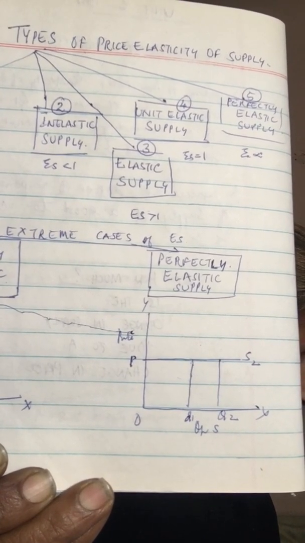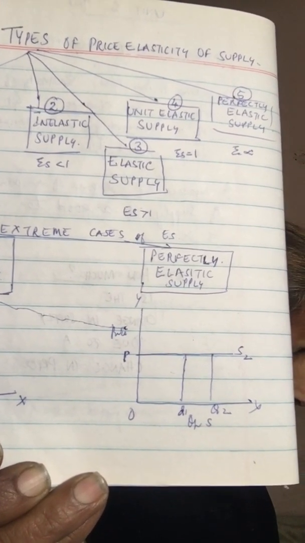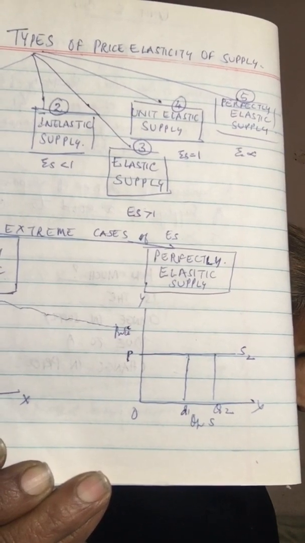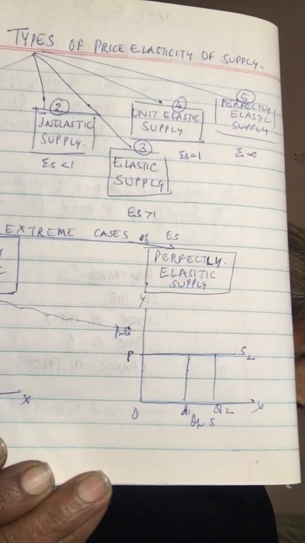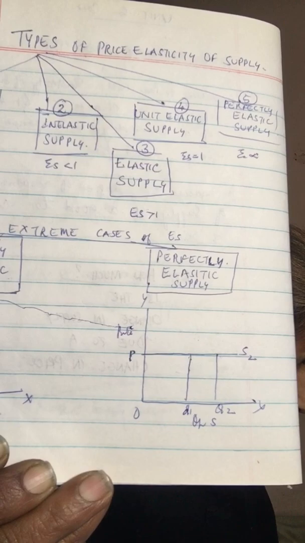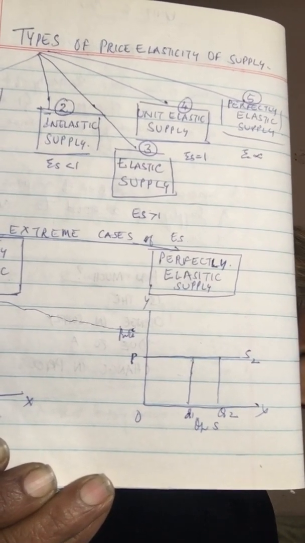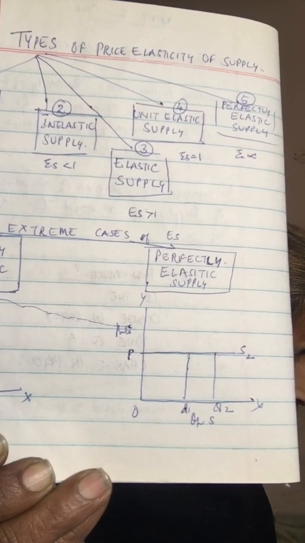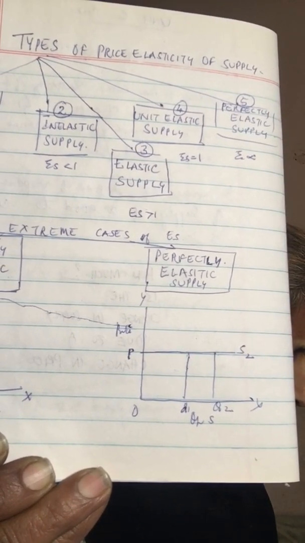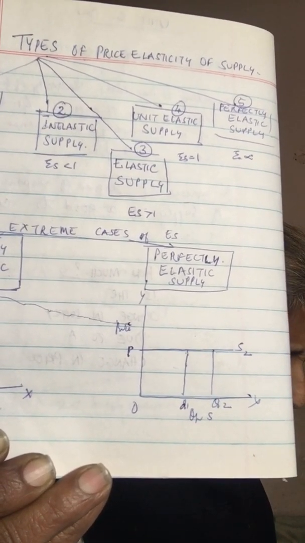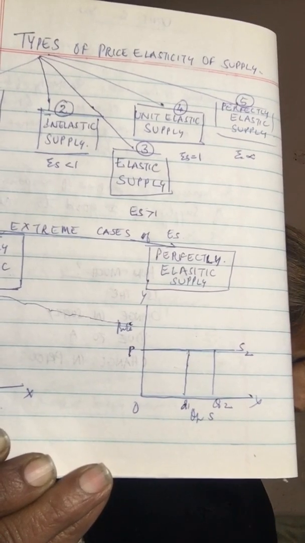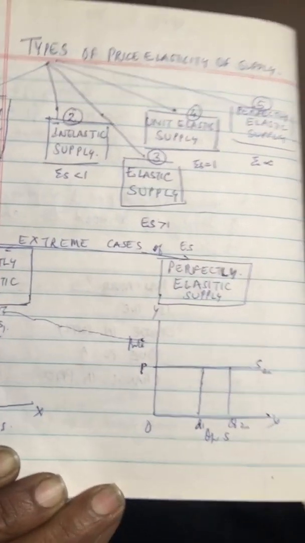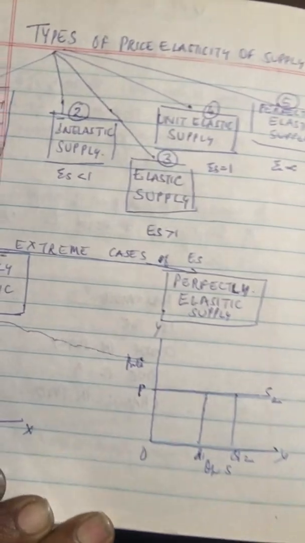Nothing at all will be supplied at any price below OP, while an infinitely large quantity will be supplied at a price above OP. It is called perfectly elastic supply. In such a case, the supply curve is parallel to the x-axis. The producer is willing to supply any quantity, as you see. So these are the two extremes.